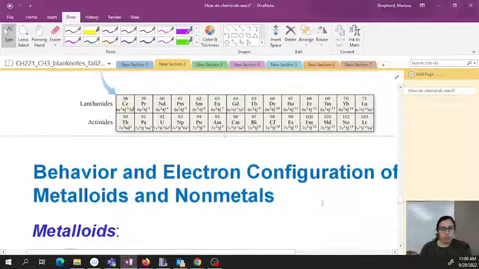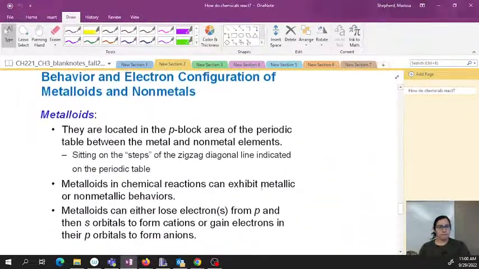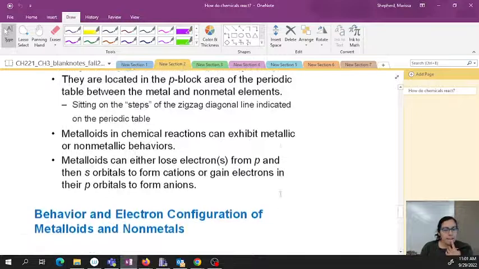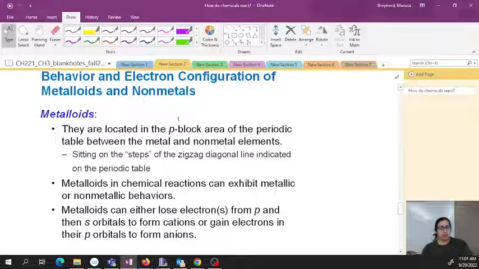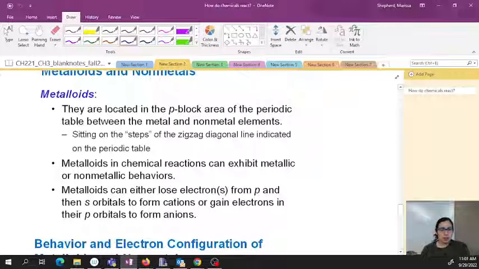All right, so hopefully we're all not confused on electron configuration. And now it's just trying to give you what I call fun facts. Your book is emphasizing your metalloids. They're part of that zigzag line. Why they're cool is they can exhibit both metallic or non-metallic behaviors.